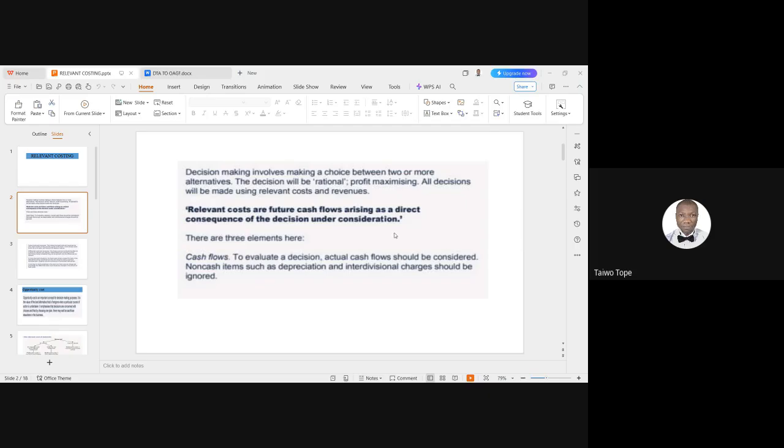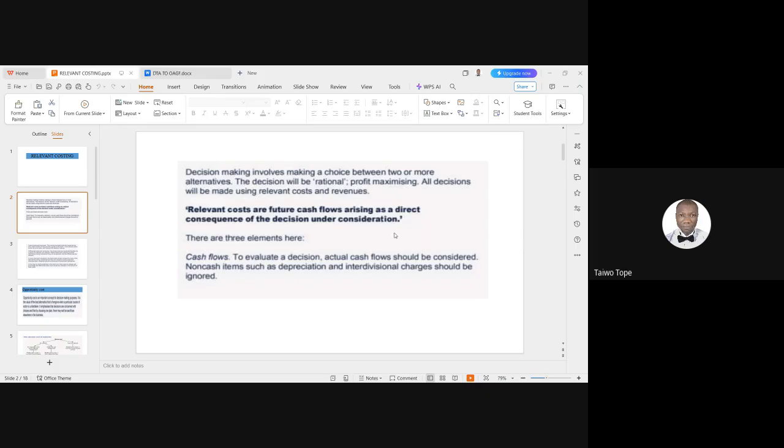So we have features of relevant costs. Relevant costs are future costs. That is, they are not costs already incurred. It means in relevant costs, you don't look at past costs, you don't look at sunk costs. Another feature of relevant costs is that they are cash flows.